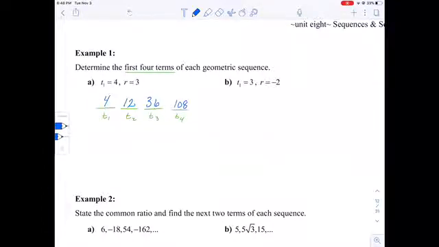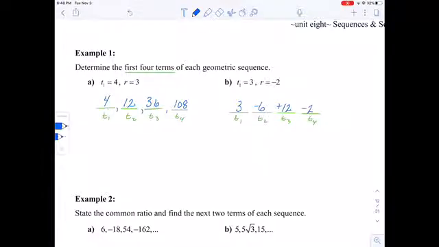If we try the second example, again, I'm just going to list out 4 little spaces here. No formula is necessary. Term 1, term 2, term 3, and term 4. Our first term is 3. Our ratio is -2. So 3 times -2, we get a -6. Times by -2 is a +12.